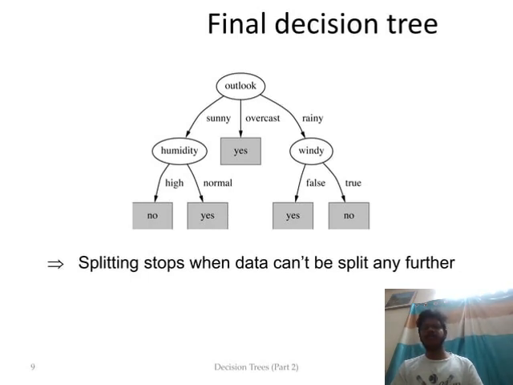In overcast, it contains yes, and in sunny there are also two types, where humidity is high or normal, and there are given their options yes or no with their respective humidity. And on the other side we have windy, which contains true or false. Splitting stops when data can't be split any further. And this is about the final decision tree.